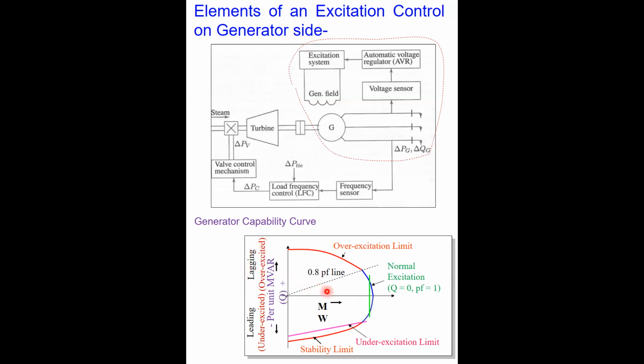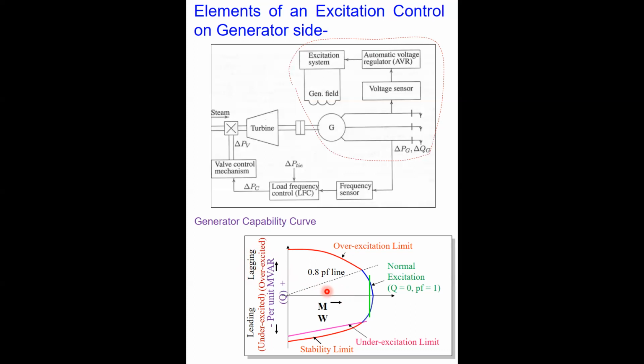So the maximum current flow in the stator winding of the generator is limited, and it is limited due to the heat generation in the stator winding. That is the maximum current flow.